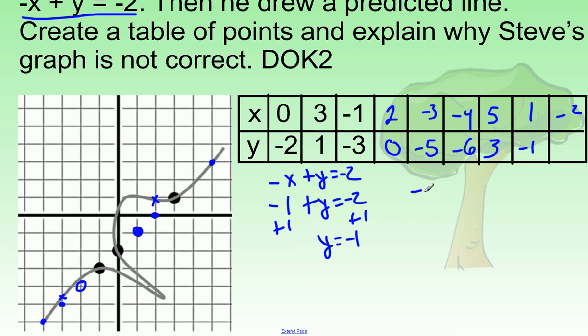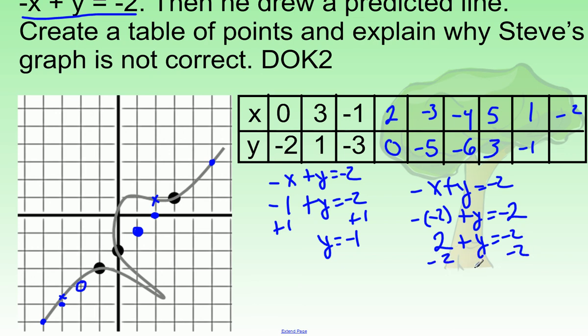Let's check. Negative x plus y equals negative 2. If I plug in a negative 2 for x, negative negative 2 is positive 2. I'm subtracting 2 on both sides to get rid of this add by 2. And y equals negative 4, just like I predicted. So that's going to be that point right there.